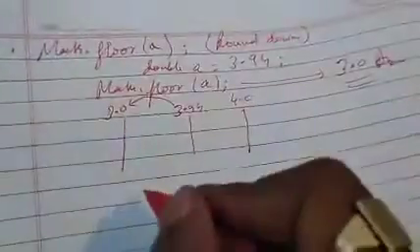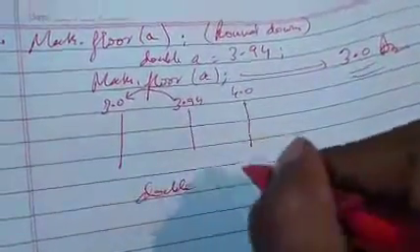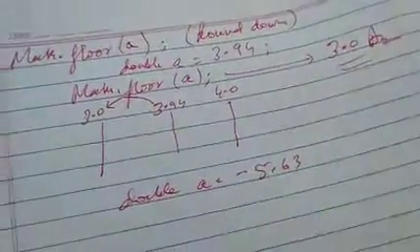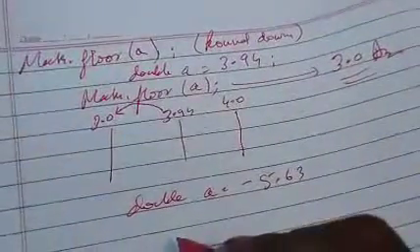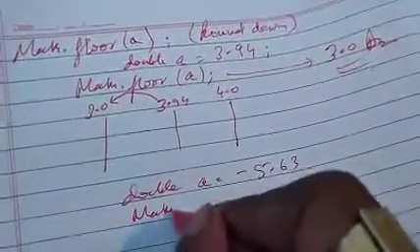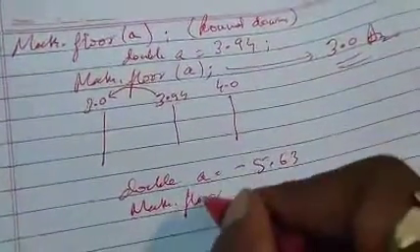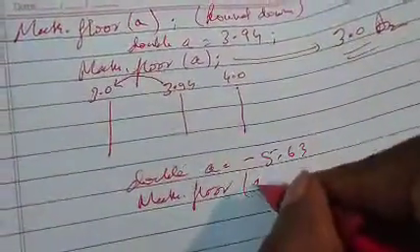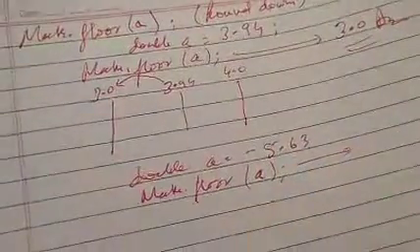And if it is negative, suppose double a equals minus 5.63, and I write Math.floor of a. What will be the answer?